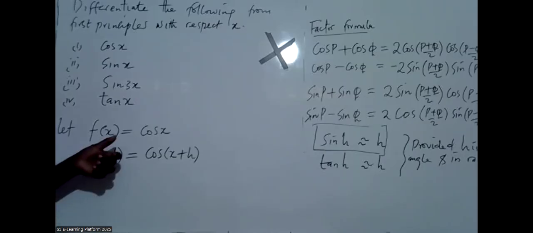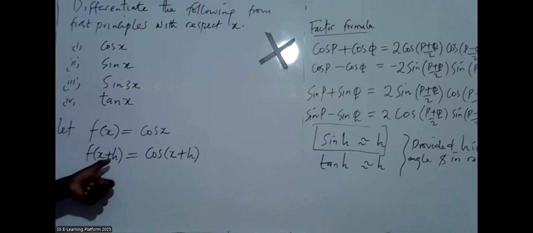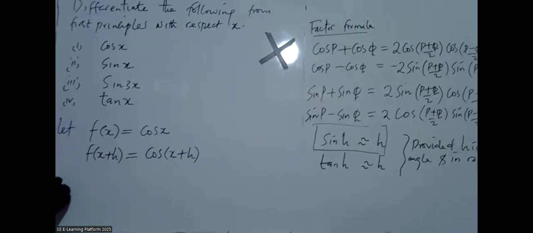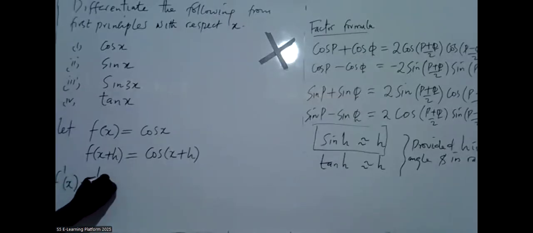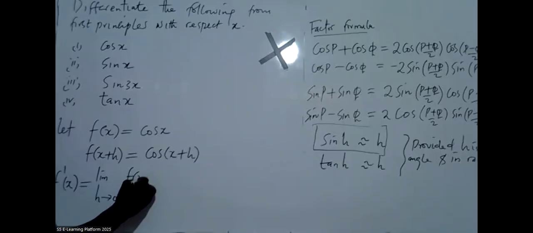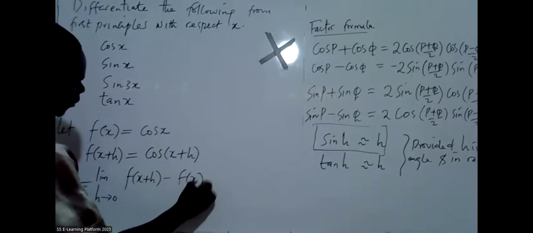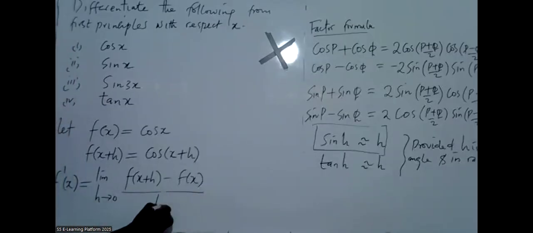Or if it is going to be hard for you to utilize the formula at once, you can first get the difference f(x plus h) minus f(x), but this will not be bulky, and therefore I'll go ahead and utilize my formula of differentiating from first principles, which is f dash of x is given by the limit as h tends to 0 of f(x plus h) minus f(x), divided by h.